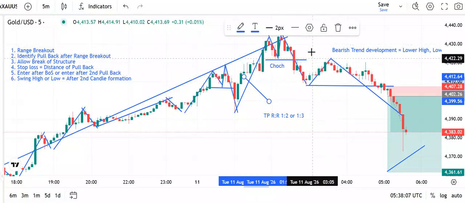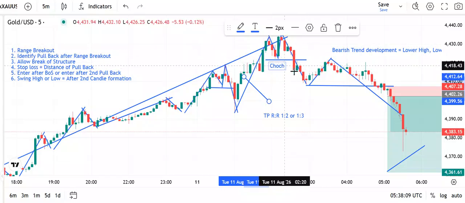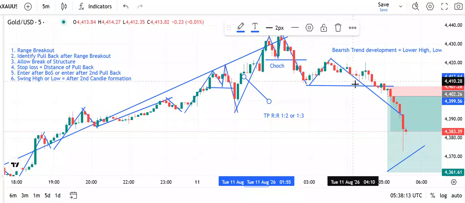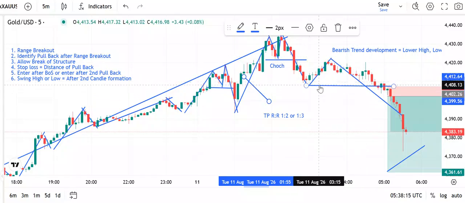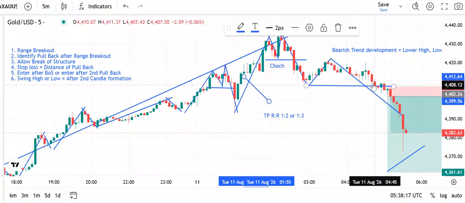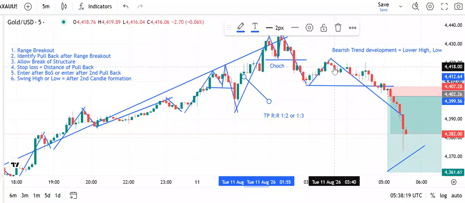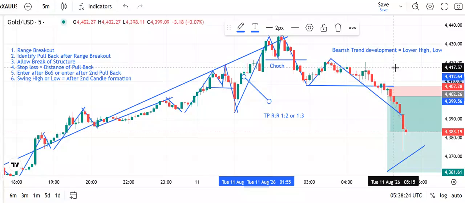So here you have your range breakout, and then here you have your pullback. The moment you have break of structure, enter your trade. So you can enter the trade at break of structure, or you can enter the trade at second pullback.